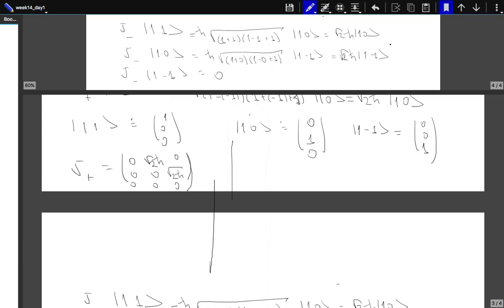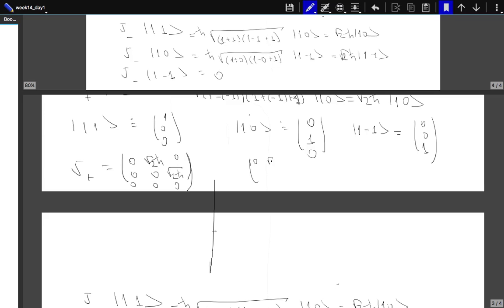Okay. This one is the transpose of this one. Let's check whether it's the transpose or not.